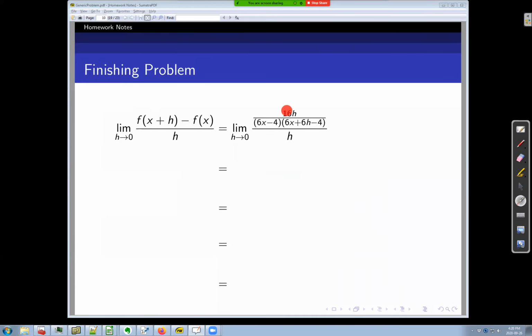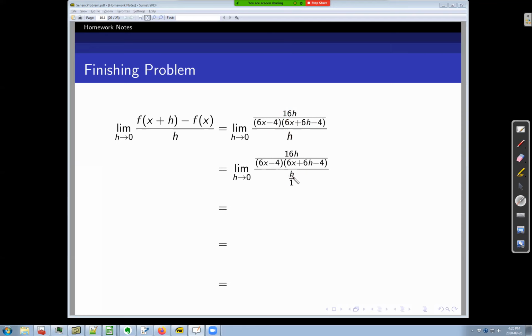Okay, and now I think we can simplify this. And it's not too hard, actually. Whenever I have a fraction inside of a fraction, I like to have a fraction in both places. If I'm going to have a fraction in the numerator, I want a fraction in the denominator too. And anything you can always write as a fraction over 1.